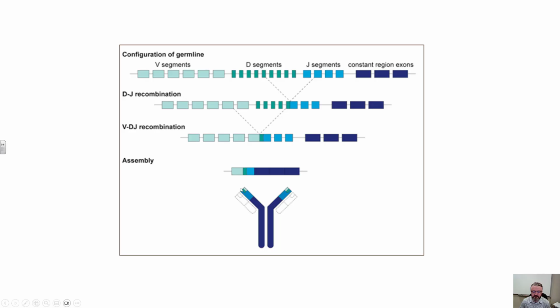So at that tip of the receptor, these different combinations are mixed up. You get a unique little configuration at the tip there, and that is ultimately going to be responsible for binding the antigen that could come in any theoretical infinite variety of shapes and sizes.